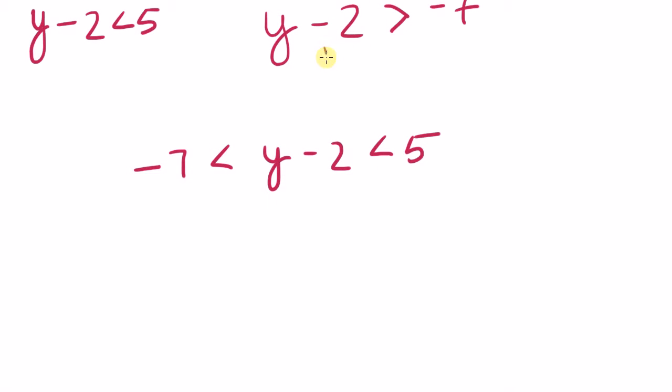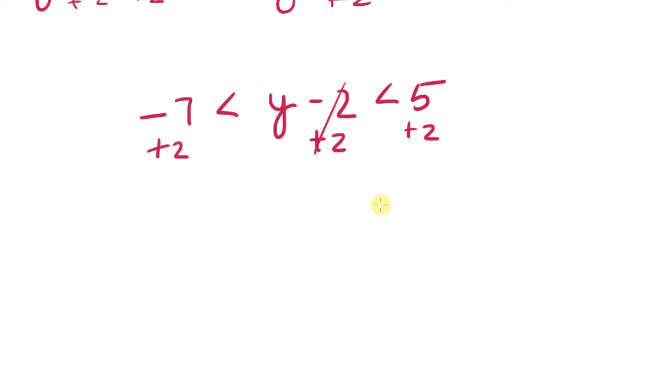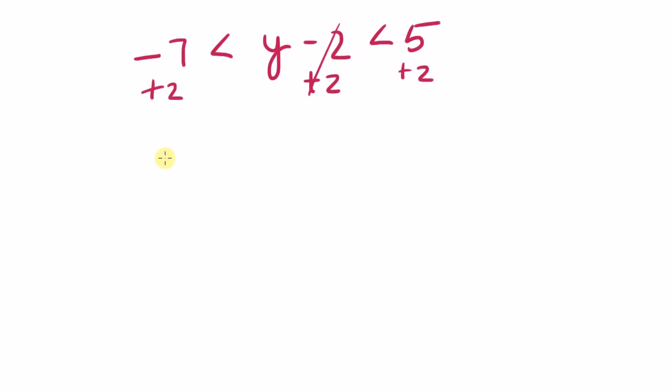For instance, I'm going to add 2, and over here I would add 2 and add 2. You add 2 to the inside, and that's going to cancel, and when you do that to the inside, you do it to both sides. So you get negative 5 is less than y is less than 5 plus 2 is 7.